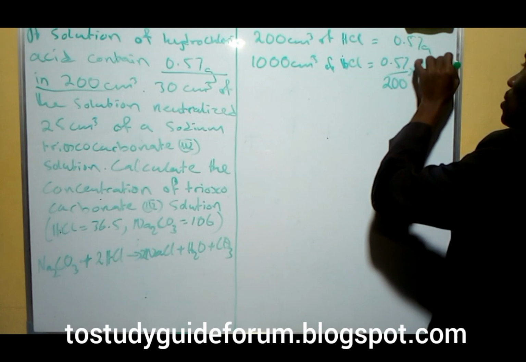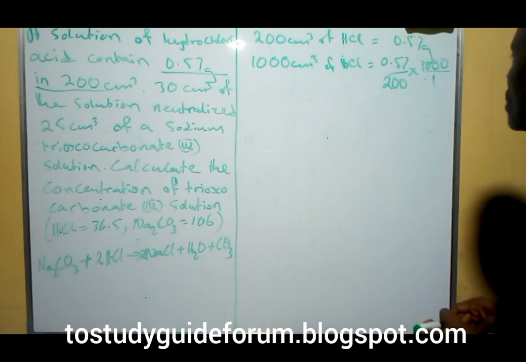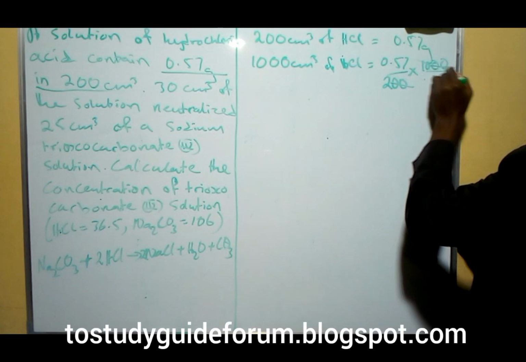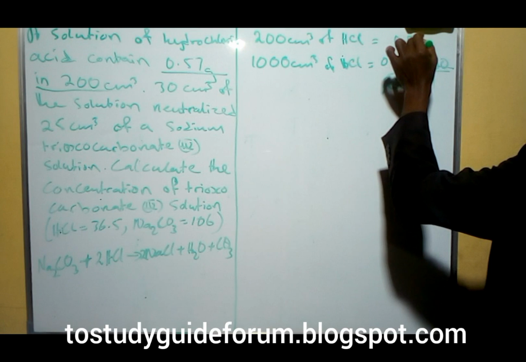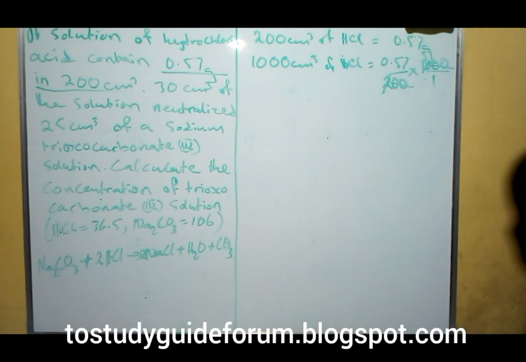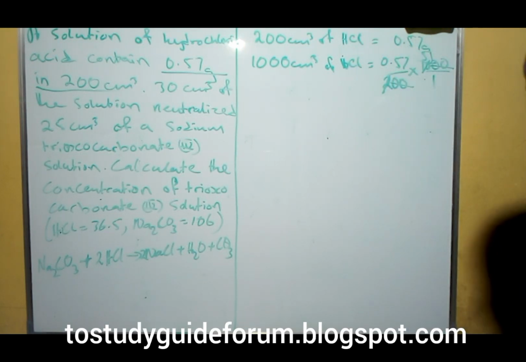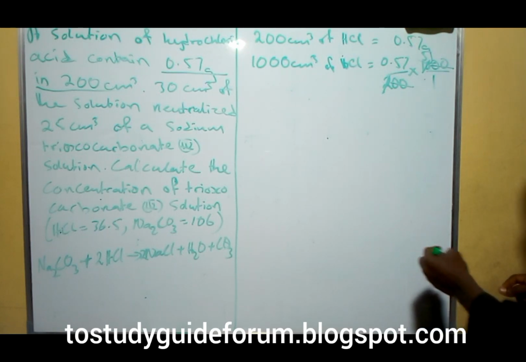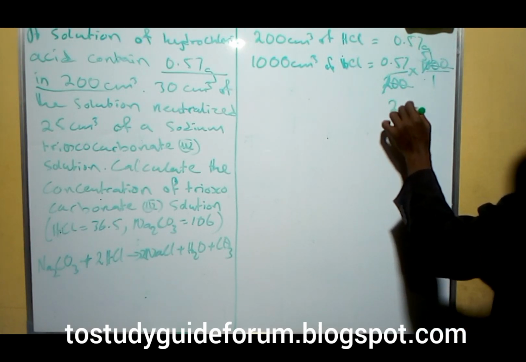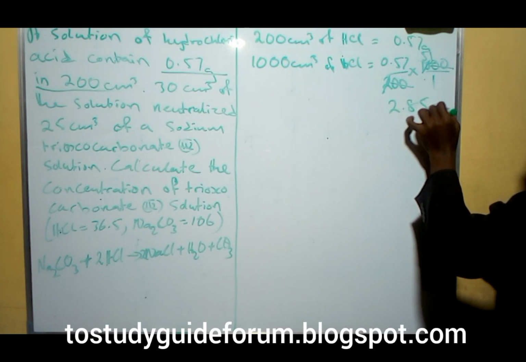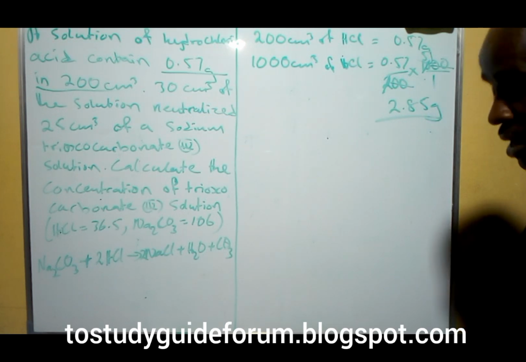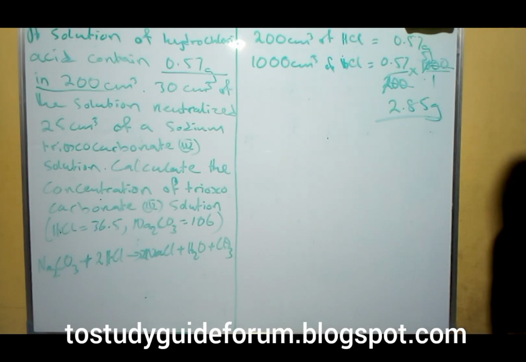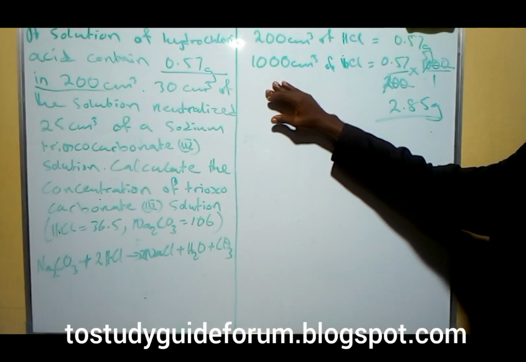This can cancel out, so we have 5 times 0.57, which gives 2.85 grams. This is what is contained in 1 liter or 1 dm cube.